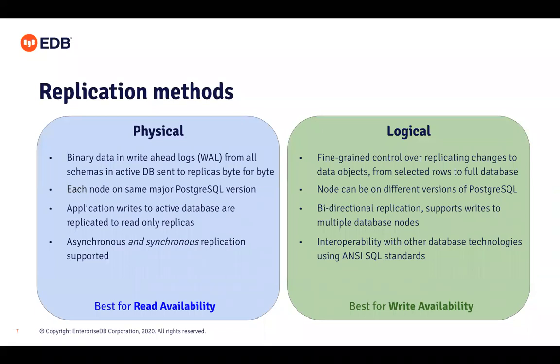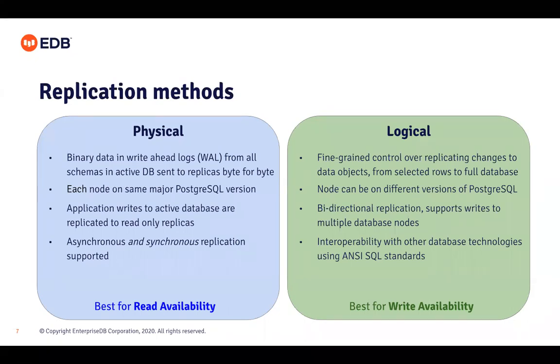Physical replication is exactly that. It's the binary data from the write-ahead logs that is written to storage, and it's from all schemas in the active database. All of those changes are sent to all of the replicas byte for byte, so whatever that representation on disk is gets sent to the other databases.